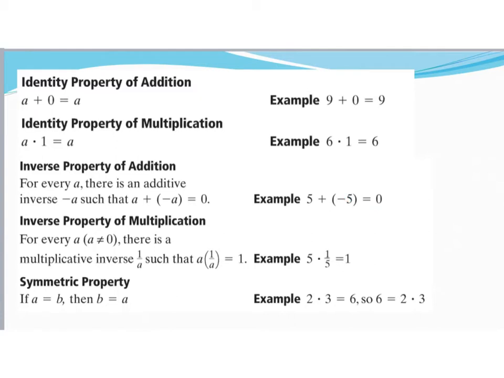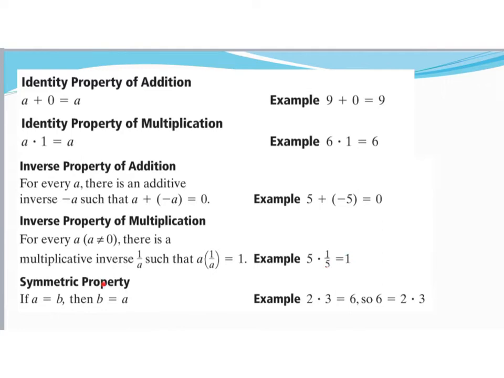The inverse property of multiplication says for every A, other than when A is equal to 0, there's a multiplicative inverse, which is 1 divided by A, such that when you multiply A times 1 divided by A, you end up with 1. So the inverse property of multiplication with numbers in it looks something like this. So if I have 5 times 1 over 5, which is really the reciprocal, this is going to give me 1.